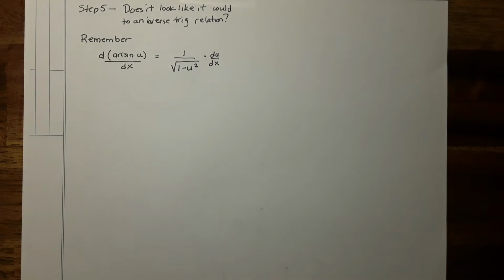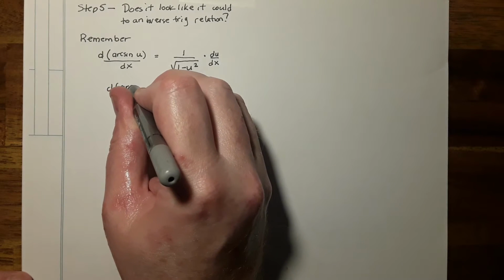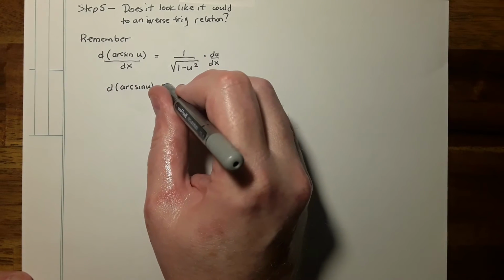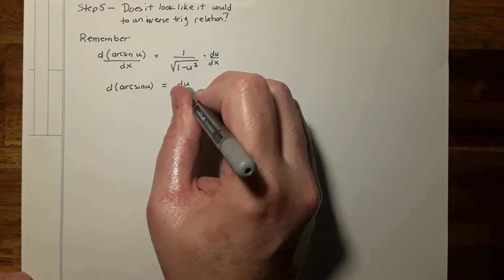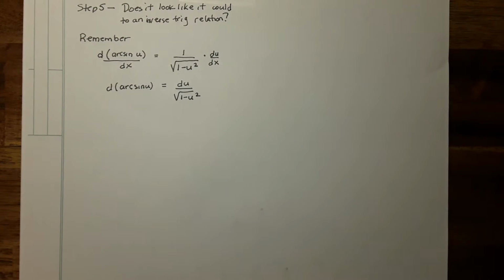And so this form, if we treated this exactly like the standard trig forms, all we would do is rearrange this equation into its differential form, so that the differential of arcsine u, if I multiply both sides by dx, you'll end up with du over root 1 minus u squared.